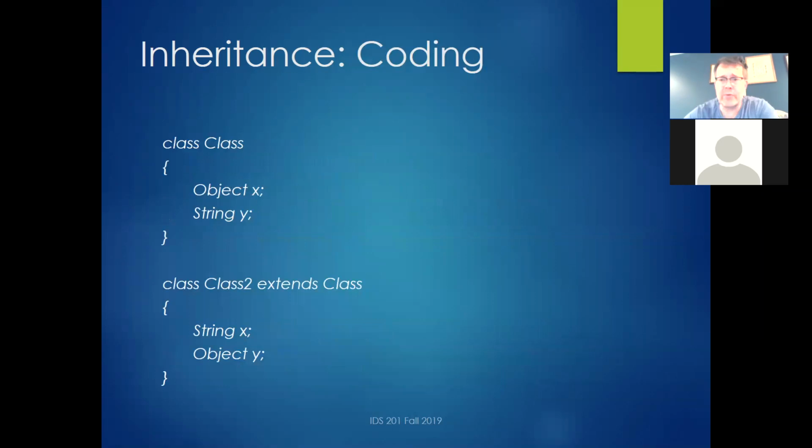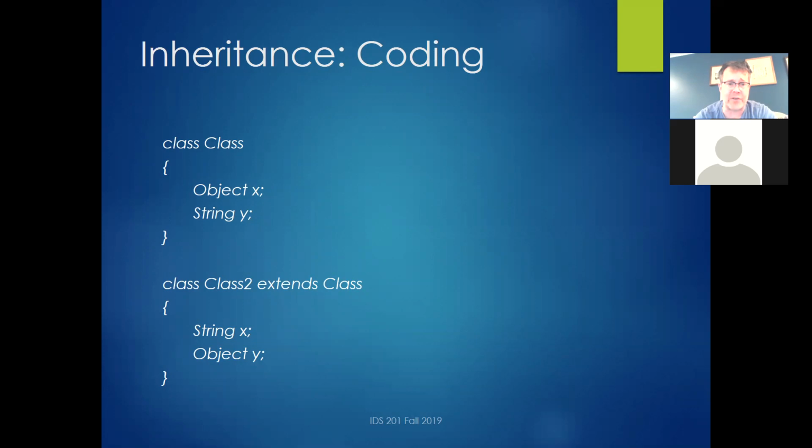Now, one thing that's worth noting, although you're going to inherit the data or the methods, it doesn't mean they have to be specified in exactly the same way. For example, in this example, I have a class with an object X and a string Y. If I wanted to, I could make a subclass of class 2, and I'd still get X and Y, but I could give them different types. For example, I could make this X a string and this Y an object.